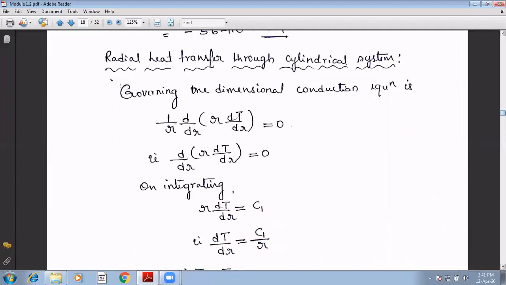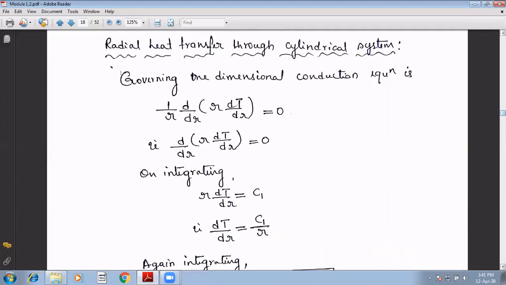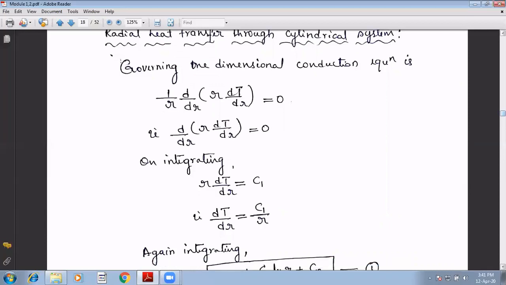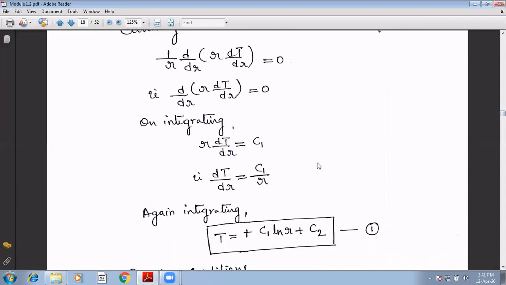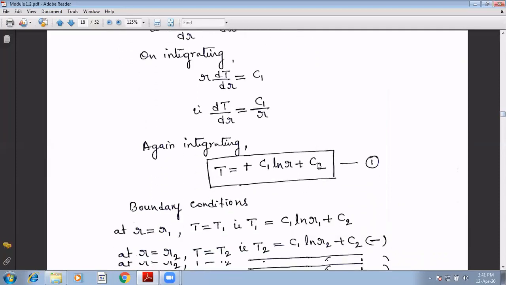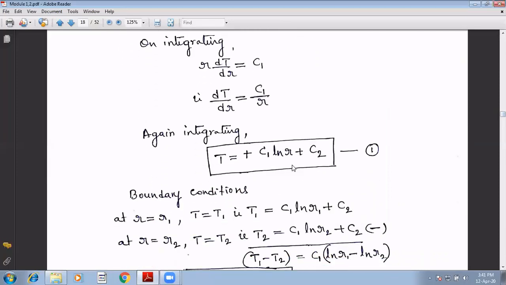Okay. Now, if you consider one-dimensional heat conduction in cylindrical coordinates, the expression is this. In a similar way, if you integrate and get the expression for temperature, it is C1 ln r plus C2.